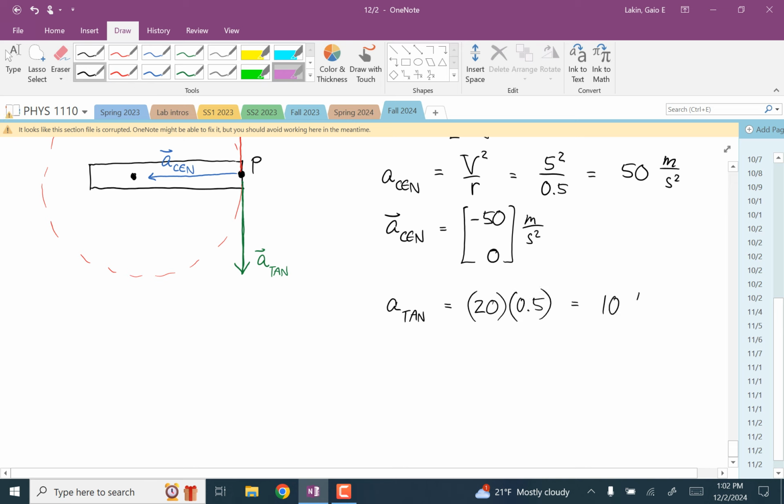So you get 10 meters per second squared. From the picture, you can see that's in the negative y direction. So the tangential acceleration vector is 0, negative 10.